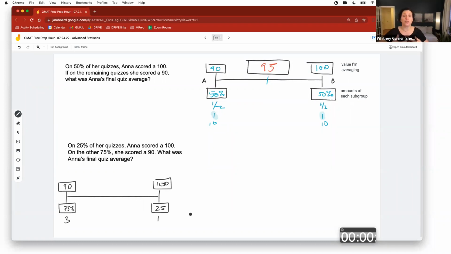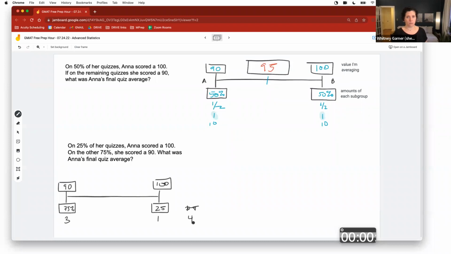Now, here's where you can use this kind of tug of war or pull even more effectively. So I know that right now, my weighted ratio is 3 parts 90, 1 part 100, for a total of 4 parts.